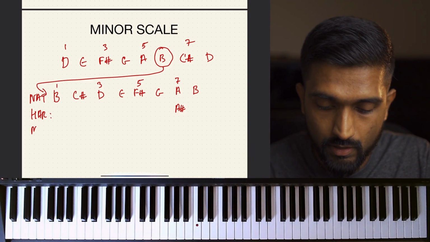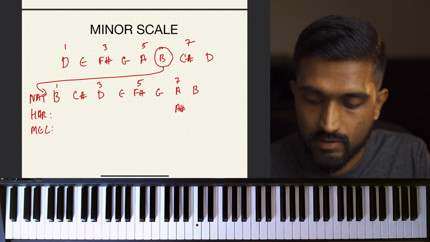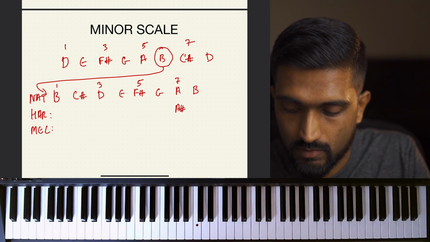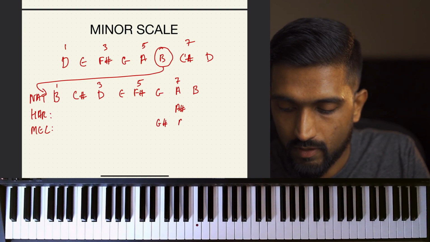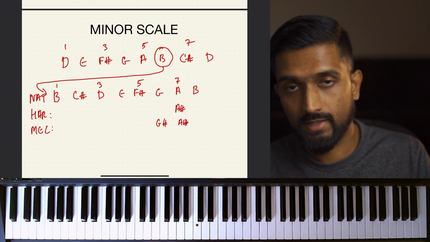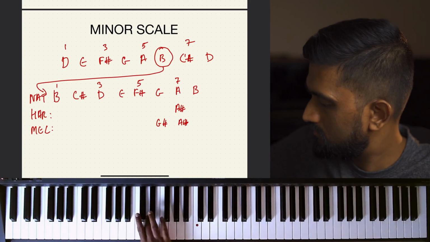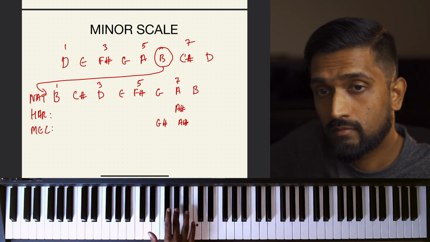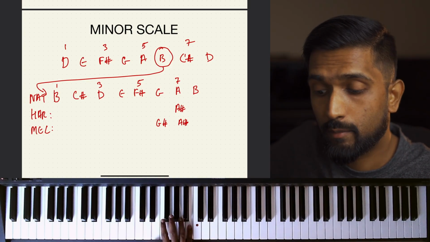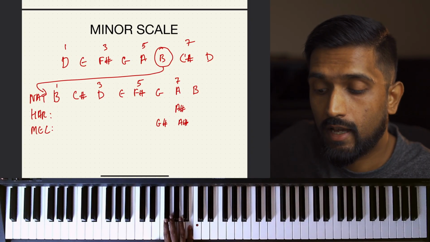Now how do you make this melodic? The 6th and the 7th. G sharp, A sharp. Rest of the notes remain as it is. So you get this, and while coming down, you play the natural minor as it is.